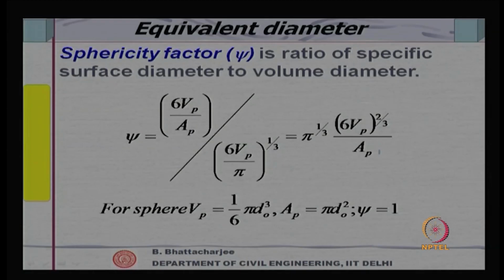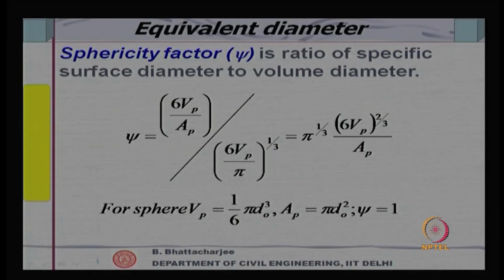So, put these values here, pi d 0 square, and put this value here of V p, 1 by 6 pi d 0 cube, this will come to 1. So, the sphericity factor xi is the ratio of specific surface diameter to volume diameter and is 1 for a sphere.